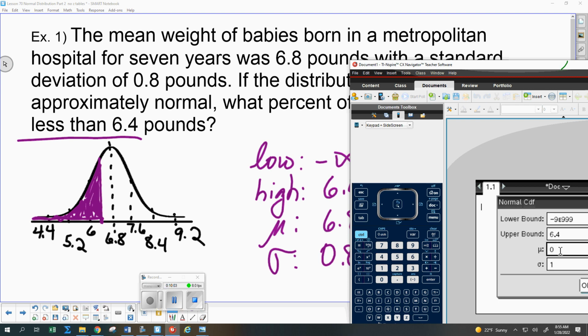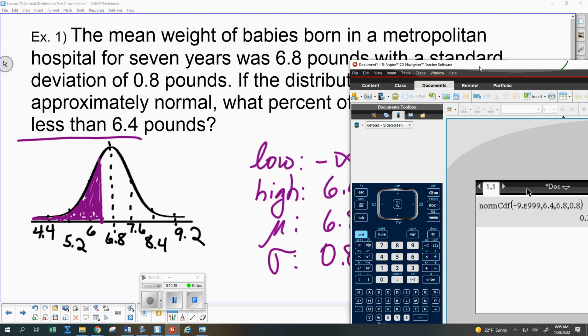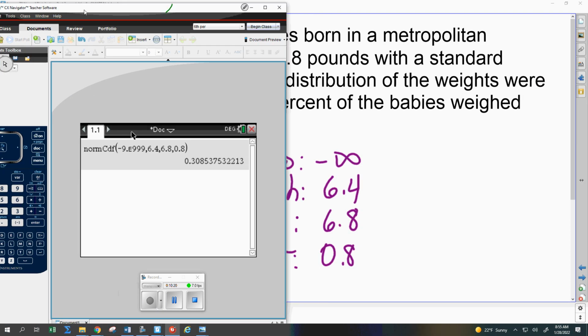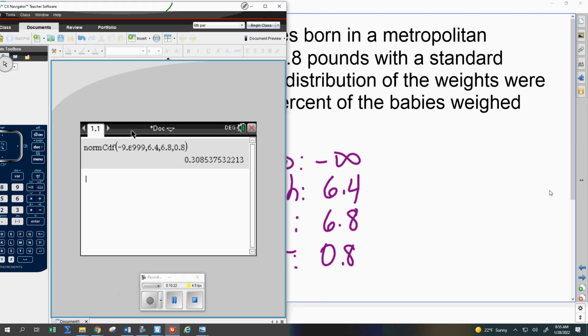6.4, 6.8, whoops, and 0.8. And is everybody getting a decimal like this? 0.3085375. Thumbs up, thumbs down. Are we all seeing that?